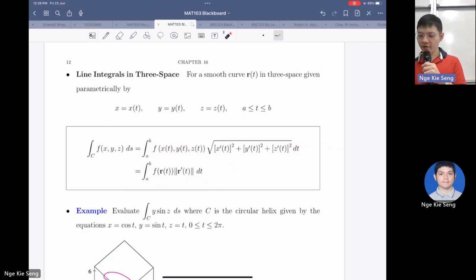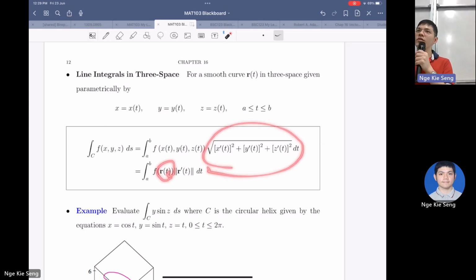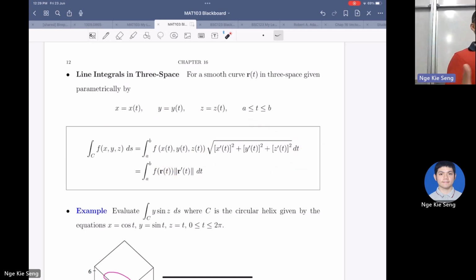If you can write your parametric equation using a vector function, then what's this extra condition here? What's the square root of a sum of squares? This should bring you back to linear algebra. So what's this?